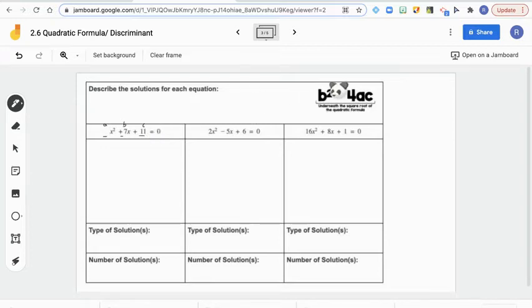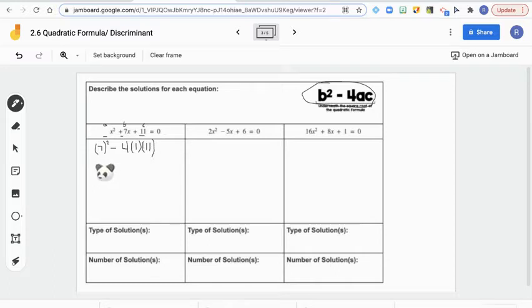But remember, we're not looking at the entire quadratic, just looking at that discriminant. So we want to take b squared, in this case 7 squared, minus 4 times a times our c value.